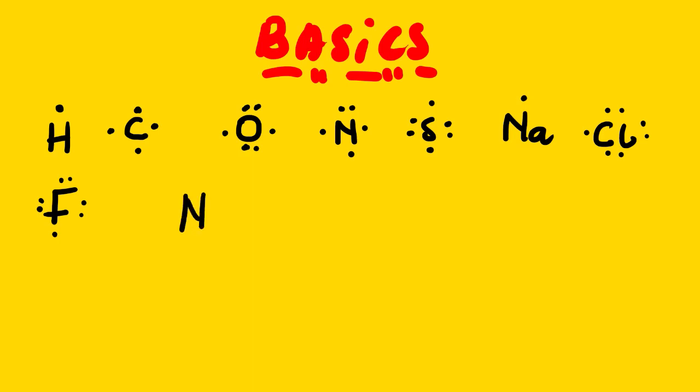And then we have neon. So basically we are going to draw Lewis dot diagram of compounds containing these elements, and then we'll be looking at the tricks, or let me say tips, which you can use to draw a correct Lewis dot diagram.